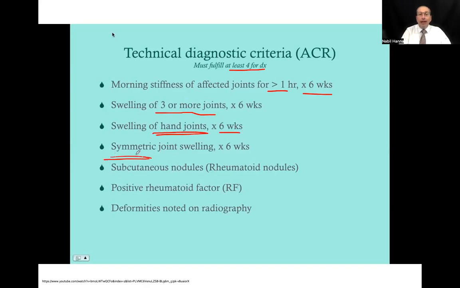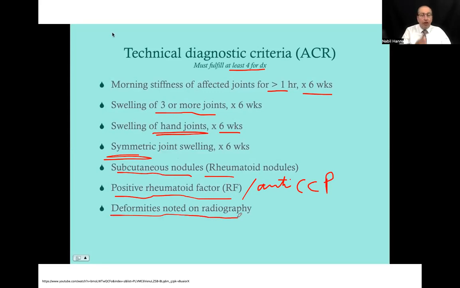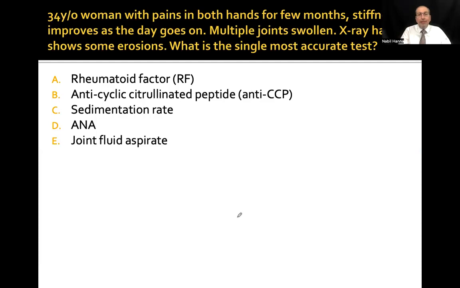Symmetric joint swelling. Subcutaneous nodules might be present. Positive rheumatoid factor and anti-CCP. And deformities noted on radiography. You need a combination of these in order to diagnose rheumatoid arthritis.